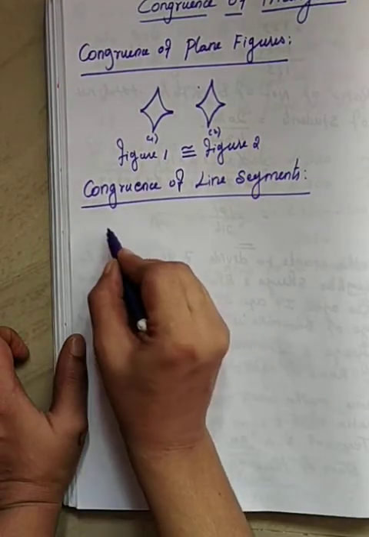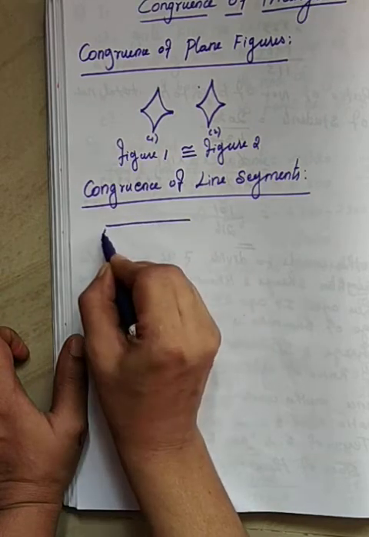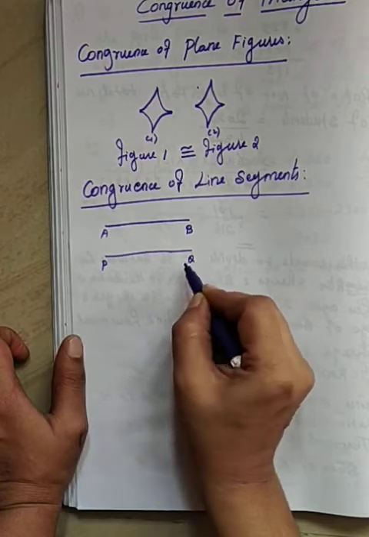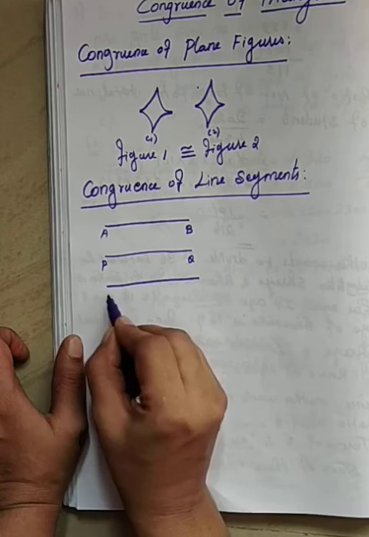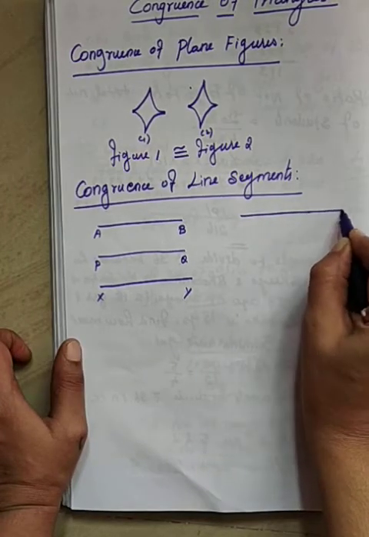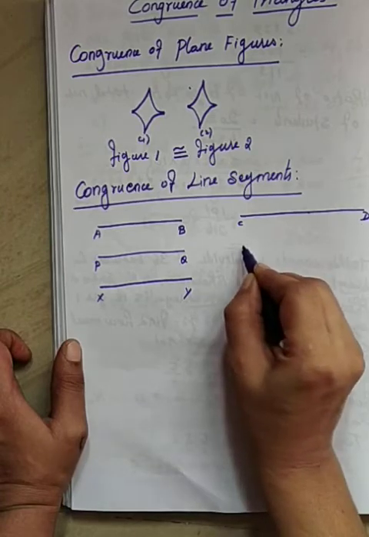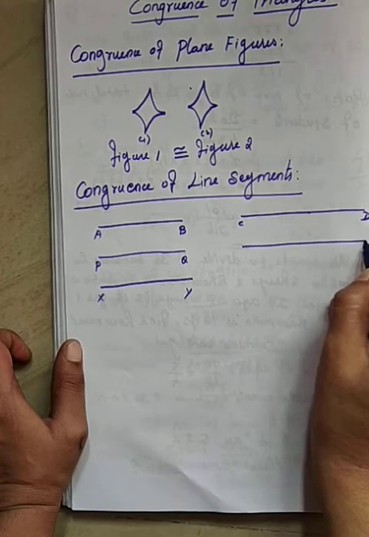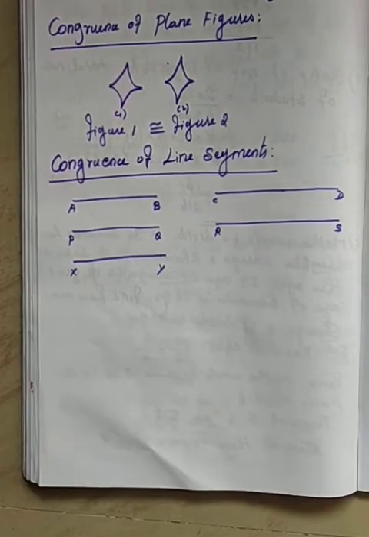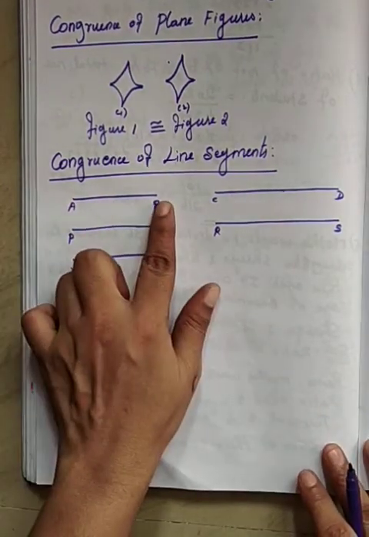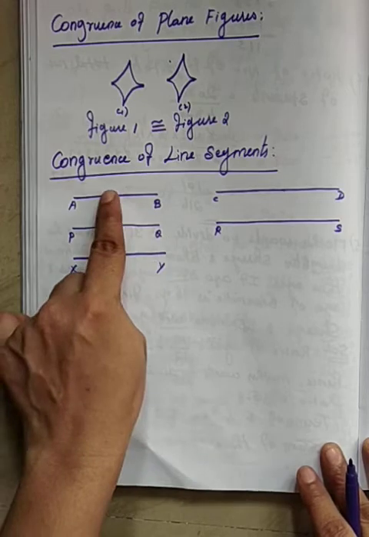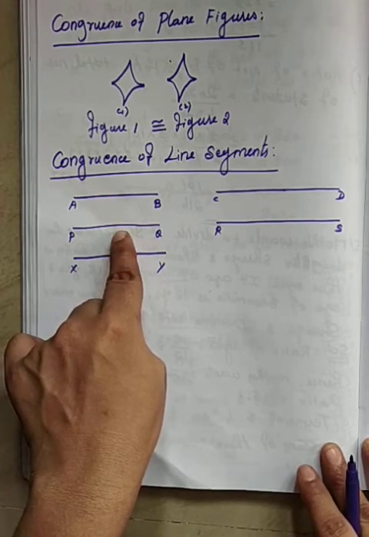Consider the following line segments: AB, PQ, XY, CD, and RS. To check whether AB and PQ are congruent or not, we look at the first two figures.